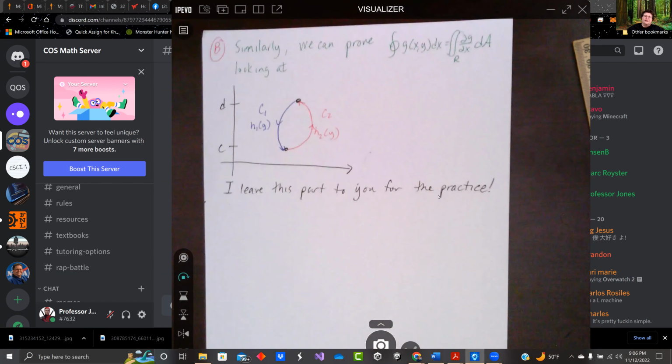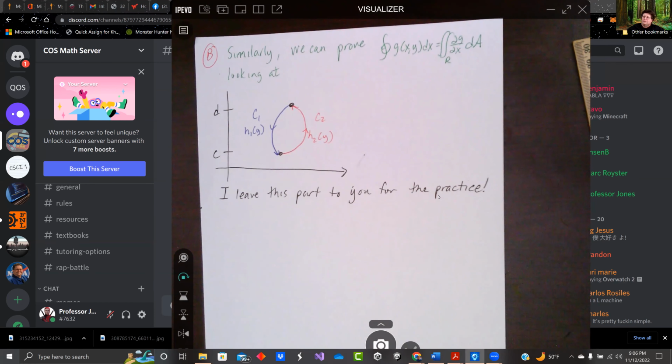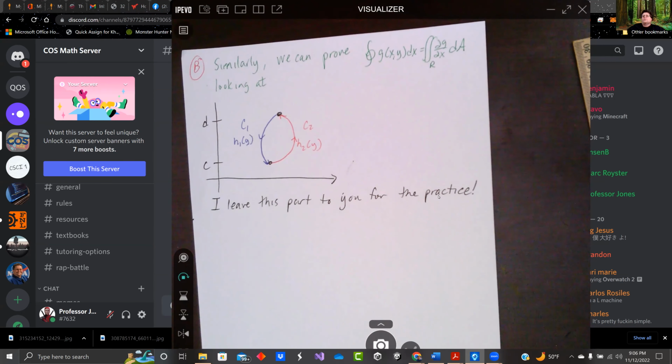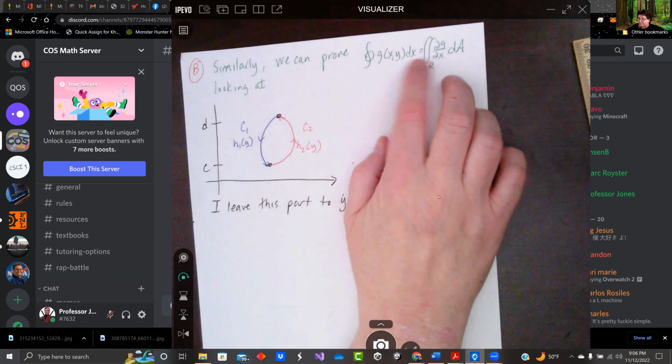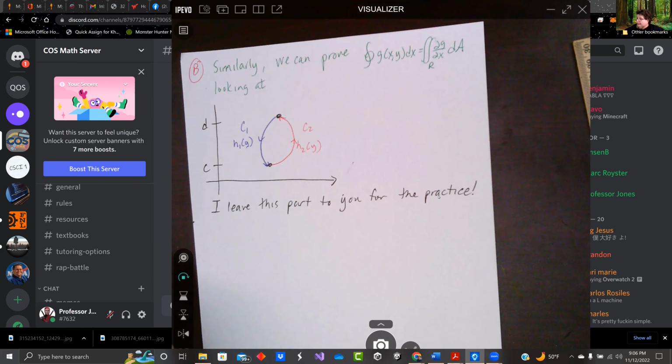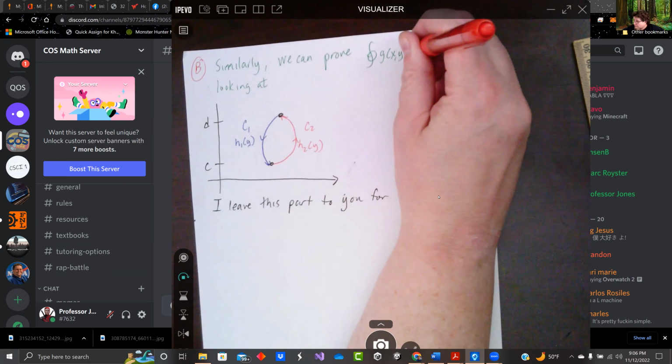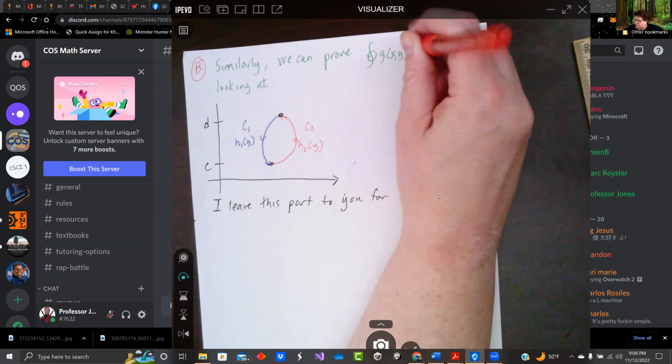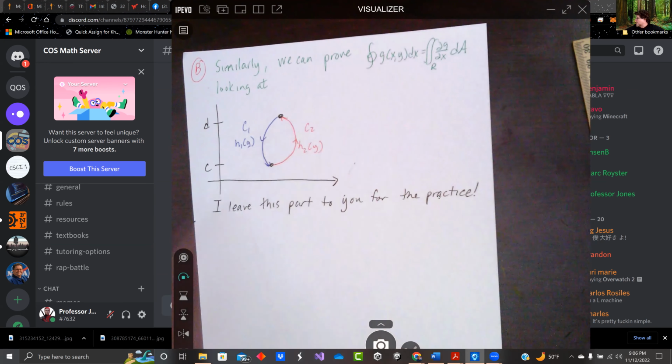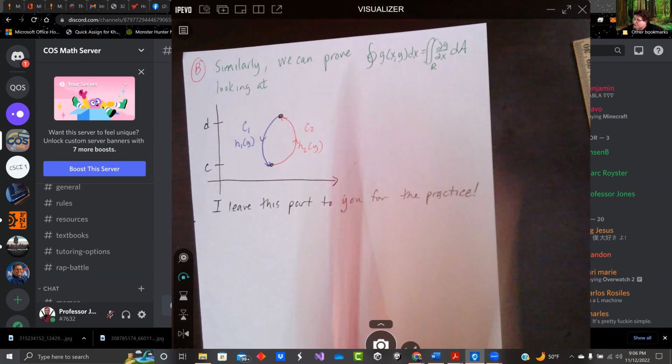We can do the same thing to find dg/dx dA, or the closed loop around g dy. I was just doing dx, right? This should be dy.